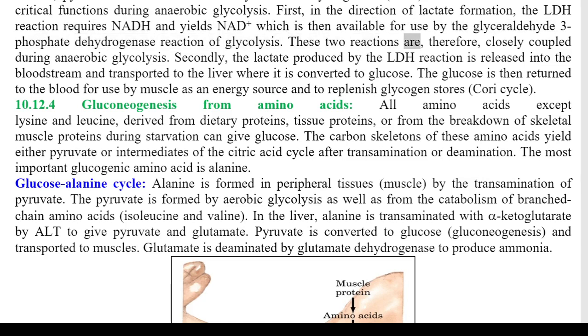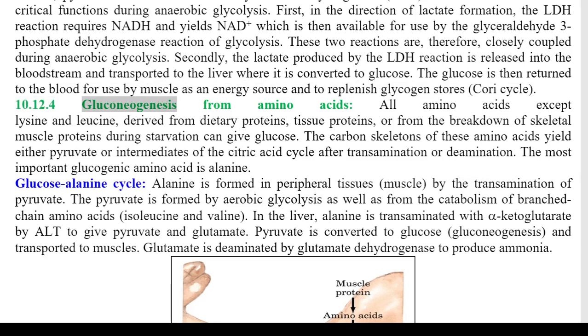These 2 reactions are, therefore, closely coupled during anaerobic glycolysis. Secondly, the lactate produced by the LDH reaction is released into the bloodstream and transported to the liver, where it is converted to glucose. The glucose is then returned to the blood for use by muscle as an energy source and to replenish glycogen stores: the Cori cycle.